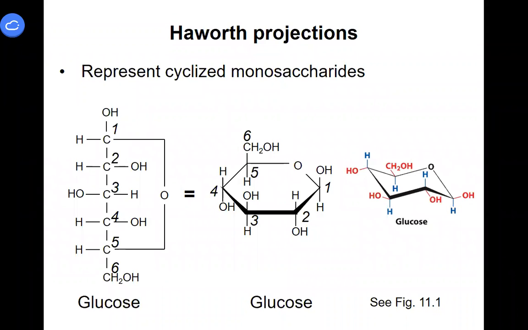It's got a slightly non-planar configuration. But one of the main points that I tried to make was to get you to see the relationship between the chiral carbons here and the positions of these OHs in the Fischer projection versus the Haworth projection. And you should be able to correlate those.